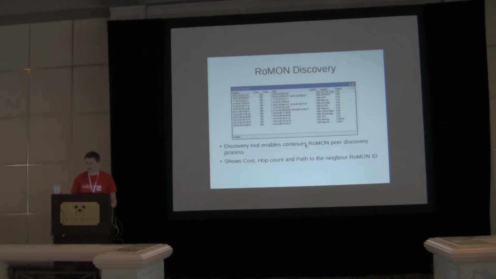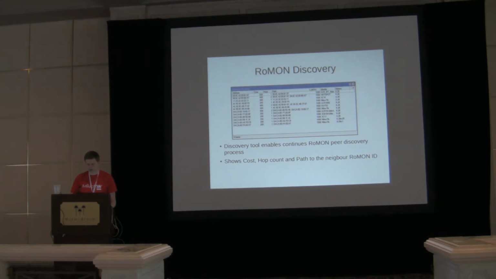How does the RoMON discovery look? If you do the RoMON discovery from Winbox, currently it looks like this. It is continuous, so it automatically continues the RoMON scanning. If you add a new device into the RoMON network, you will see it here. As you can see, we have IDs, all the RoMON IDs.